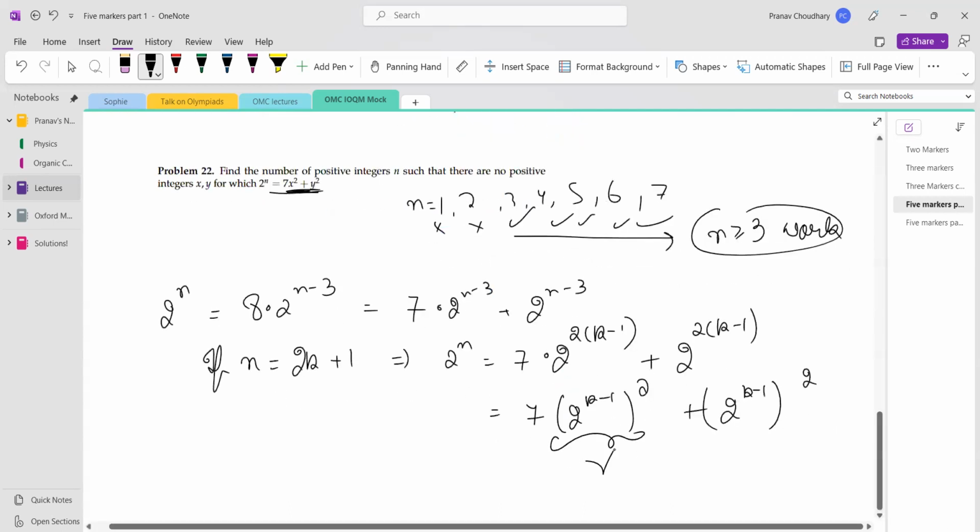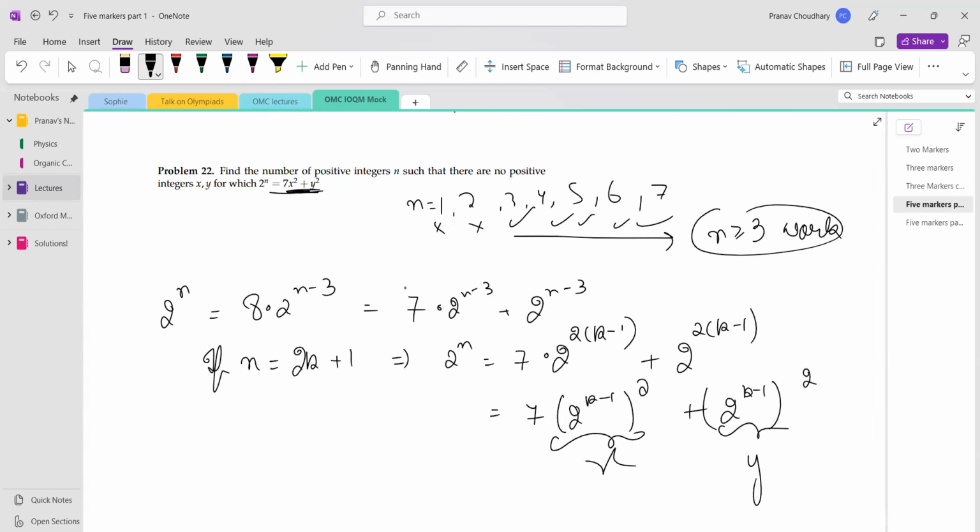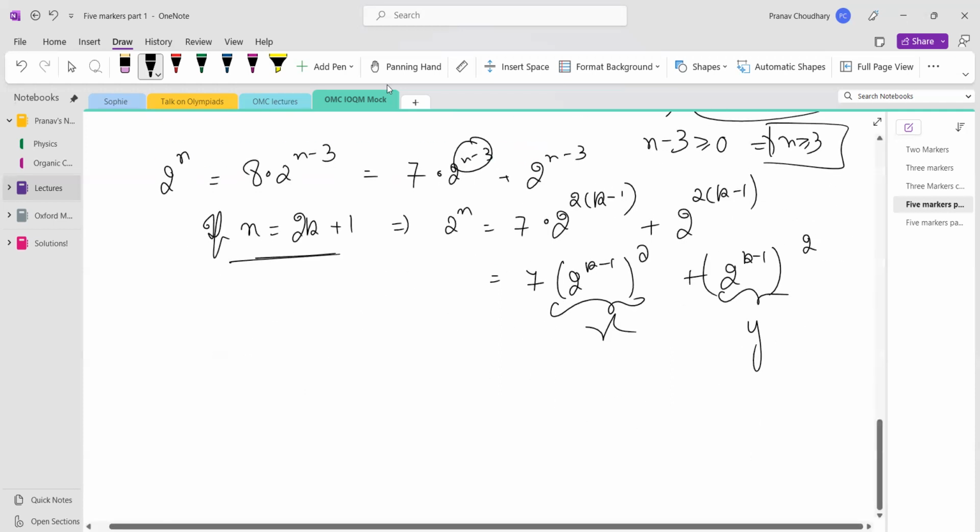So you can take this as your x and this as your y. So a solution clearly exists. The only thing here is n minus 3 should be greater than or equal to 0. So this implies n is greater than or equal to 3. But this was for odd n. Let's see what happens for even n.